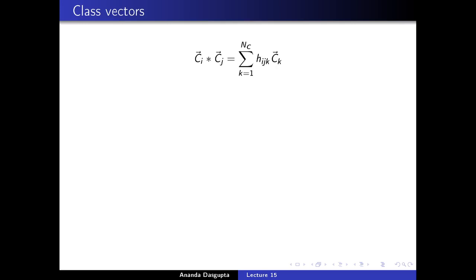In Burnside's method, what we look at is a matrix version of this equation. Ci star Cj is the sum from k equals 1 to nc of h_ijk Ck. If you look at the corresponding matrices, the Ci vectors will correspond to the class matrix Di. So this result actually translates to a relationship between the class matrices in any representation, reducible or irreducible.